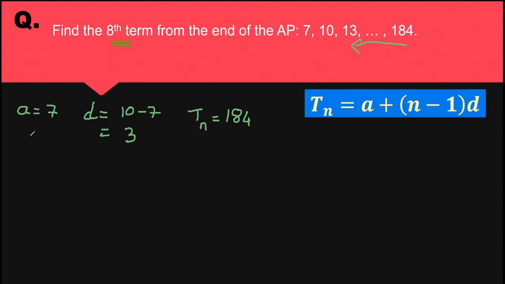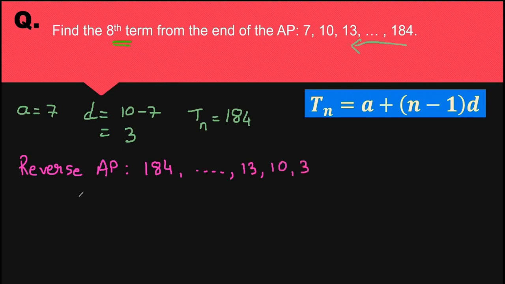Now, if we reverse the given AP, that means the last term 184 becomes the first term, and the first three terms which are given become the last three terms, that is 13, 10 and 3.